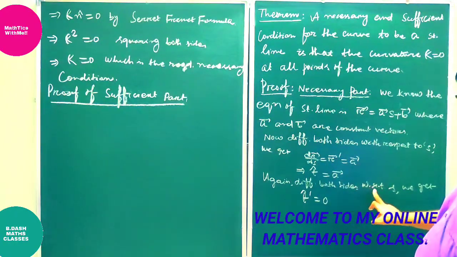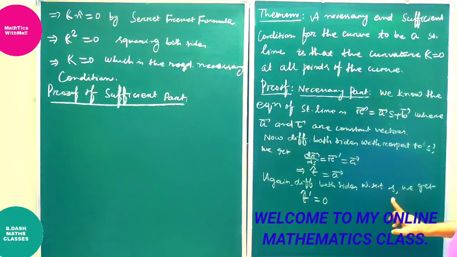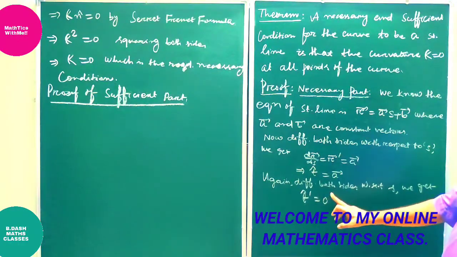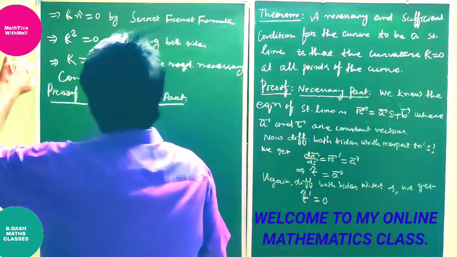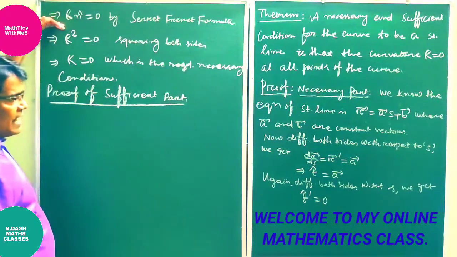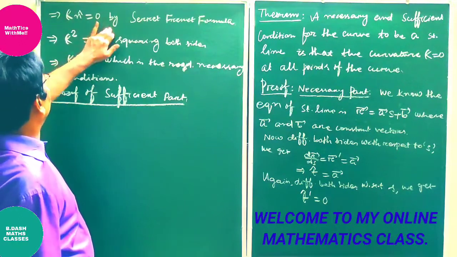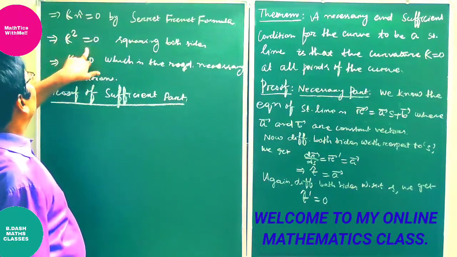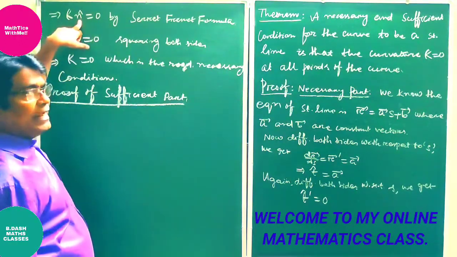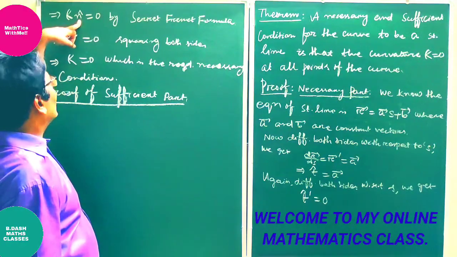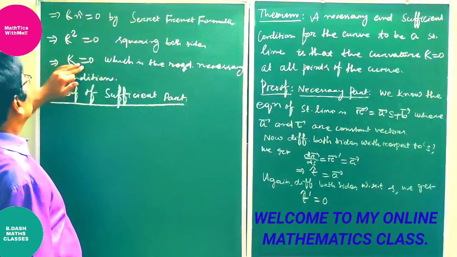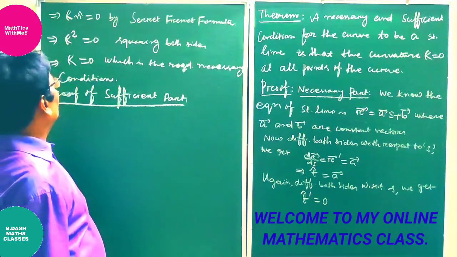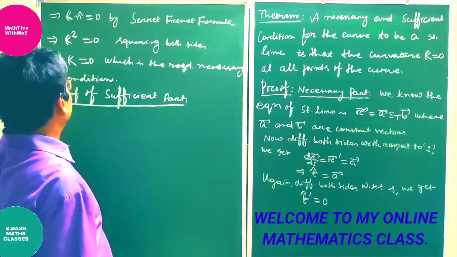Again differentiating both sides with respect to s, we get T dash is equal to 0. But by the Serret-Frenet formula we know T dash is kappa N. Squaring both sides we get kappa square is equal to 0, because N dot N is equal to 1. It is a unit normal vector. So kappa is equal to 0, which is the required necessary condition.